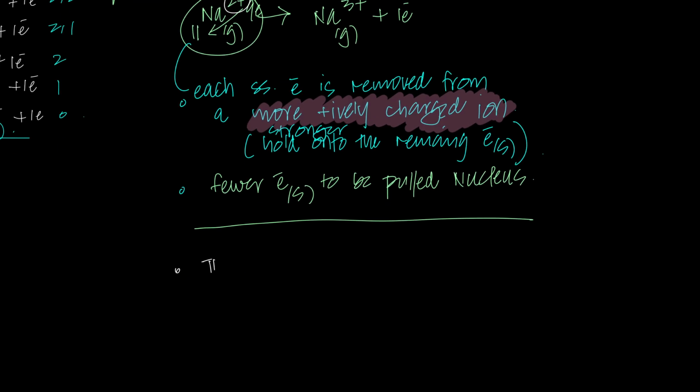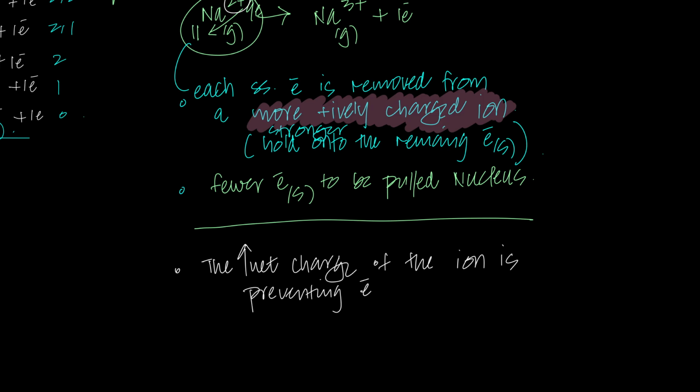So the higher net charge, the 2 plus, 3 plus, 4 plus, of the ion is preventing the electron from being removed or plucked.